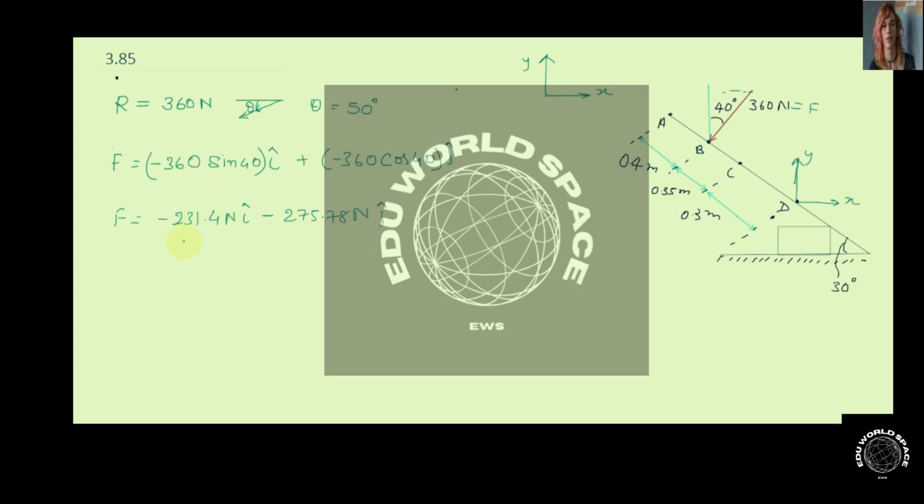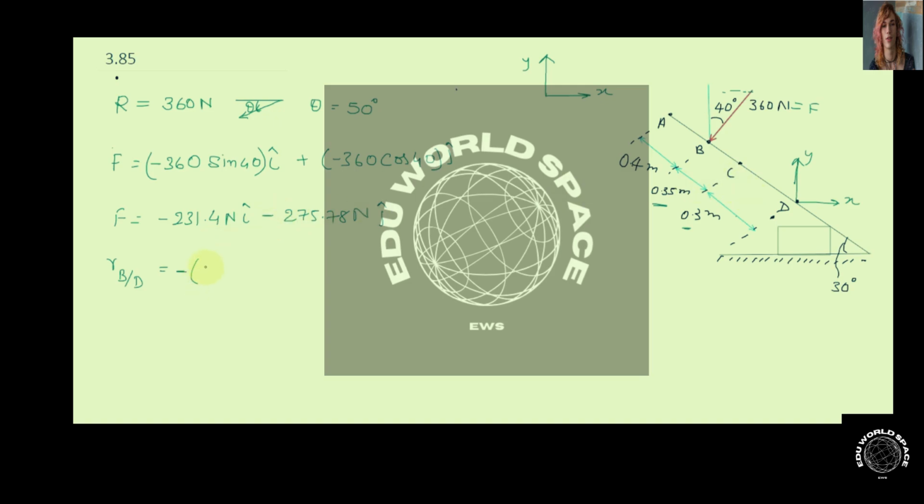Now to calculate the equivalent moment about point D, we have to find the position vector of point B with respect to point D. Since point B is in the negative x direction but in the positive y direction, its x coordinate will be negative but its y coordinate will be positive. Now this distance is 0.35 meter, this is 0.3 meter, so BD length is going to be 0.65 meter.